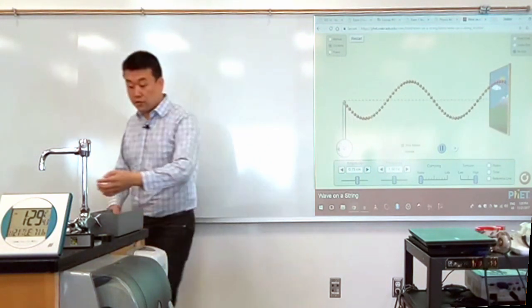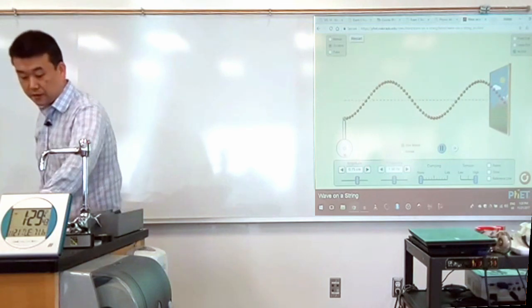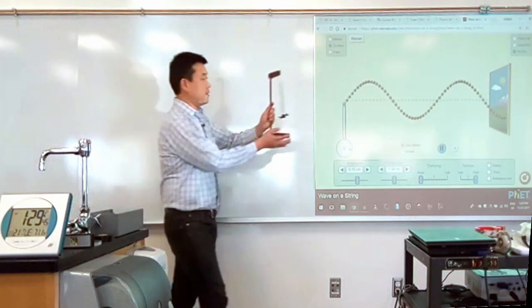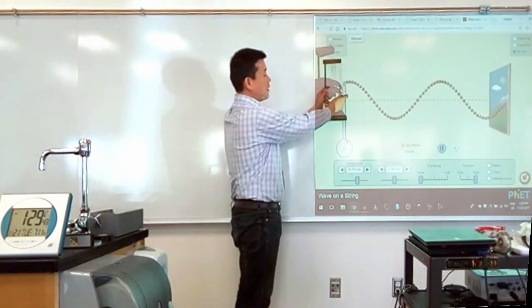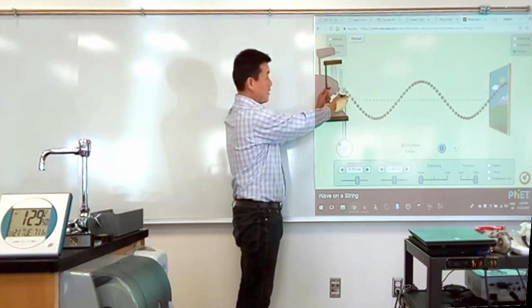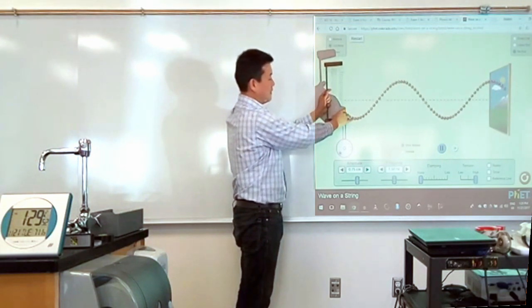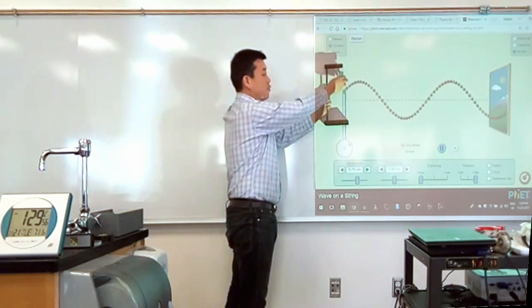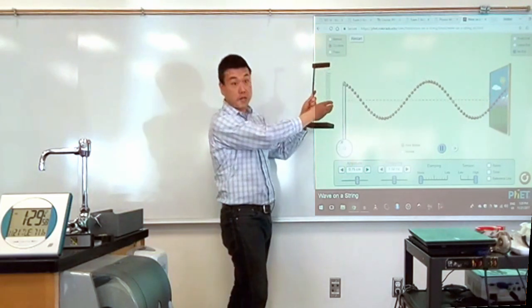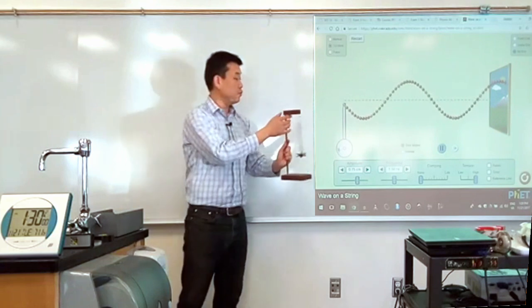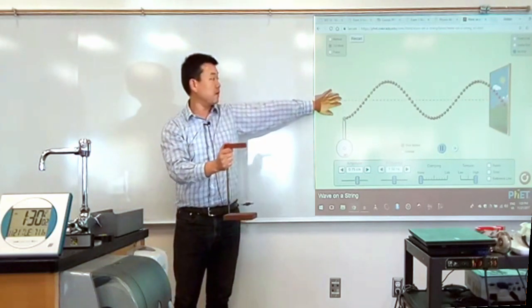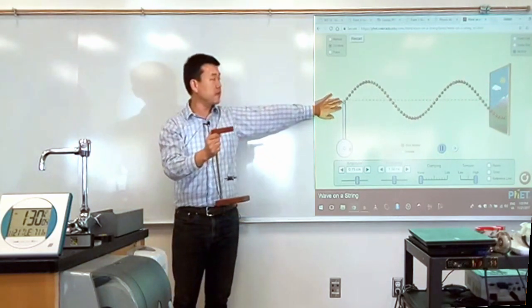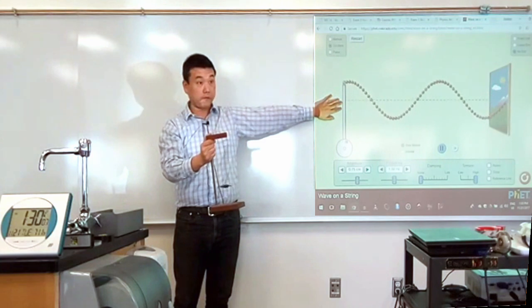Another thing you could imagine happening physically is if this end is attached to a mass on a spring, and imagine this mass on a spring is oscillating up and down at the natural oscillation frequency. That's how you get something that looks like a periodic traveling wave.